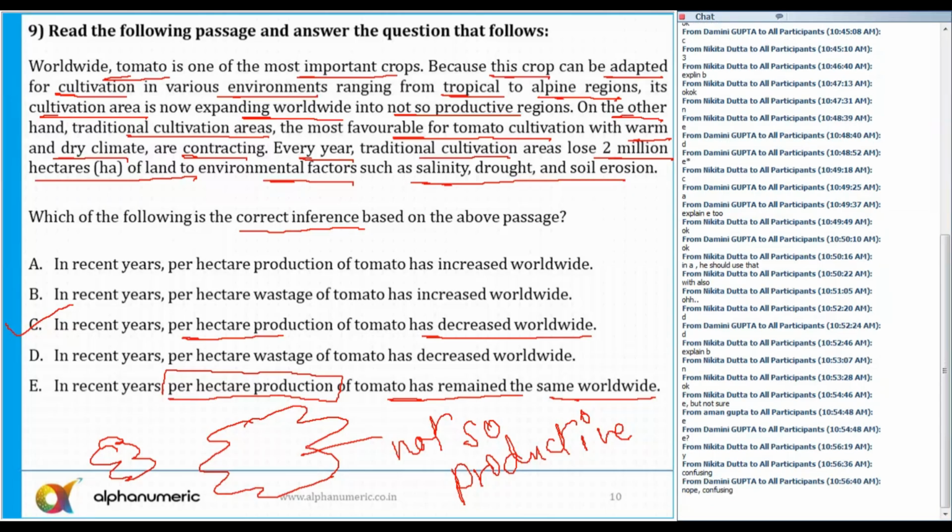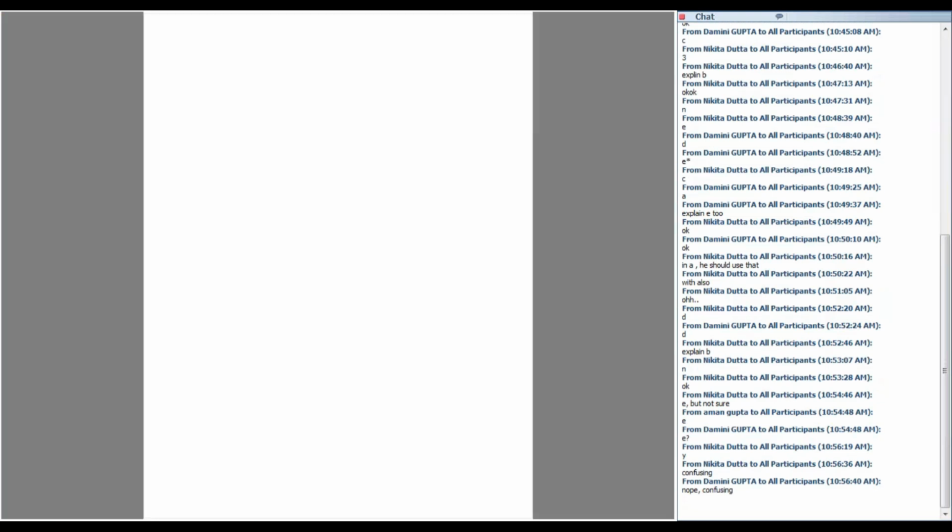How is this confusing? Okay, let me just explain this to you. It is so simple. Earlier what used to happen, for example, 100 hectares used to be there, and each hectare used to give you 1000 kgs, for example.